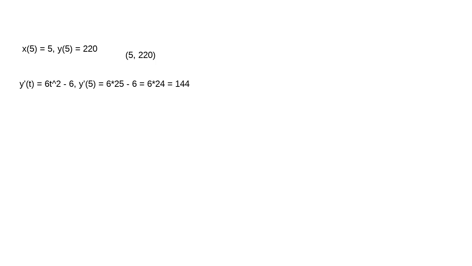Hold on, 2t minus 6, 2t minus 4. I made a mistake right here. So x prime of 5 equals 6. Somehow I plugged in 25. I did it wrong. I plugged into the original one. So it's 2t minus 4. 2 times 5 is 10, 10 minus 4 is 6. Okay, I made a mistake.